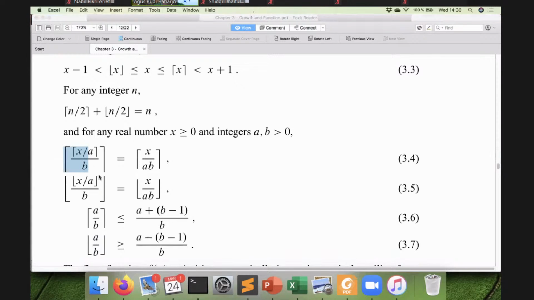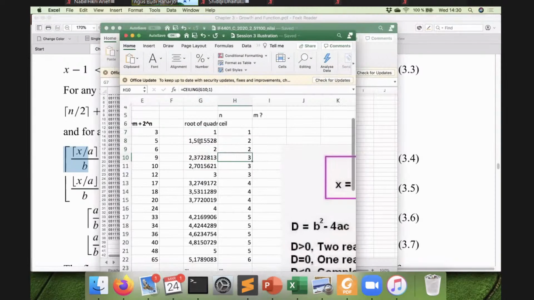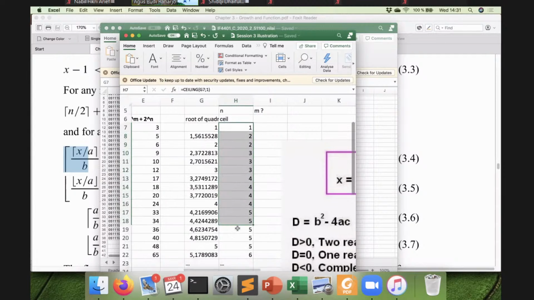So we'll consider the ceiling. As you can see over here, we take the ceiling. So I just apply ceiling in Excel to find the number of n. By doing this, we will get n, obviously. And that's a good thing.